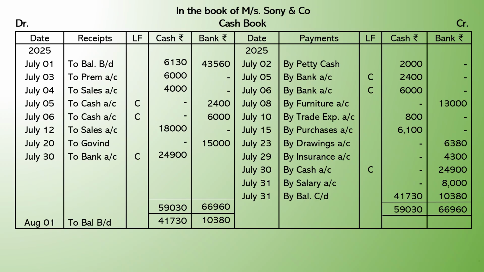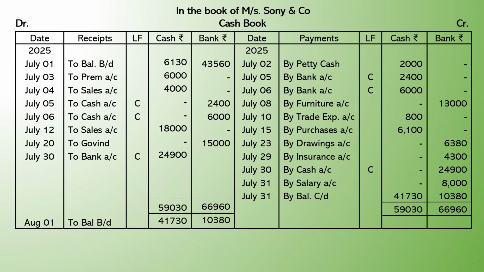5th July, deposited into bank 2,400 rupees, contra, enter on both sides. On the debit side show to cash account and enter the amount in the bank column. As this is a contra entry, on the credit side show by bank account and enter the amount in the cash column. Also mention c on both sides in the LF column. 6th July.